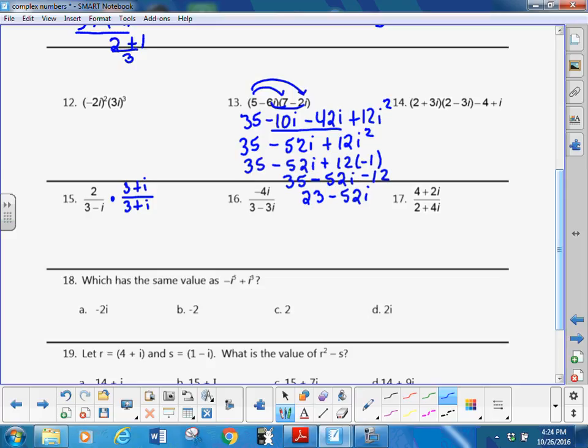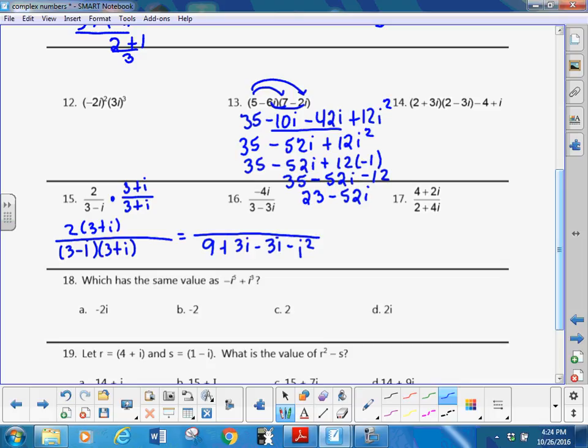So if I distribute 3 minus i and 3 plus i on the bottom, 3 times 3 is 9. 3 times i is 3i minus 3i, and then I have minus i squared.